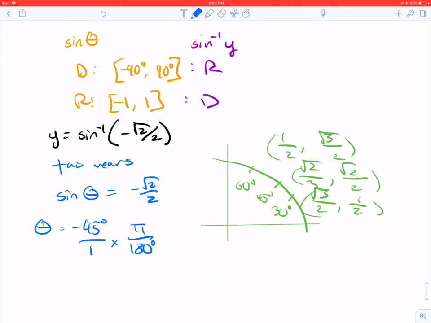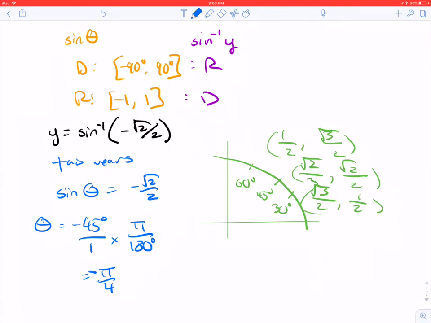So then this is what? Pi over 4? And it should be a negative pi over 4. So it's like a negative 45.